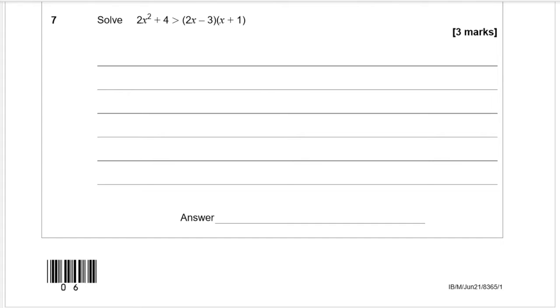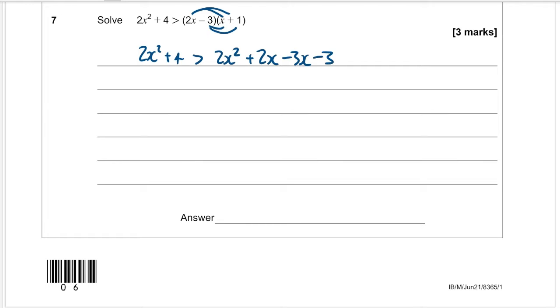Question 7 looks like a quadratic inequality. So what I'm going to do is expand these brackets here, and this is going to give me 2x squared plus 2x minus 3x minus 3.